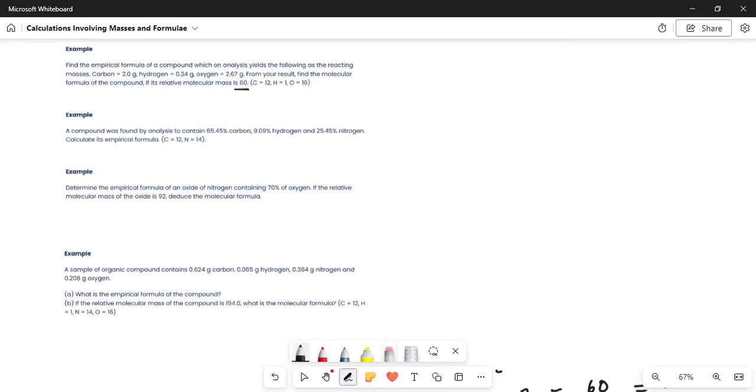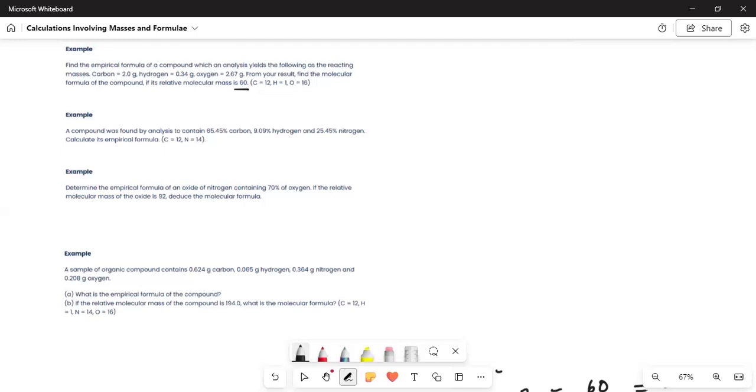Okay, so the question says determine the empirical formula of an oxide of nitrogen containing 70% of oxygen. An oxide of nitrogen means a combination of nitrogen and oxygen. Now they give us the percentage by mass of oxygen, which is 70%, which means the remaining 30% should be the mass of nitrogen.